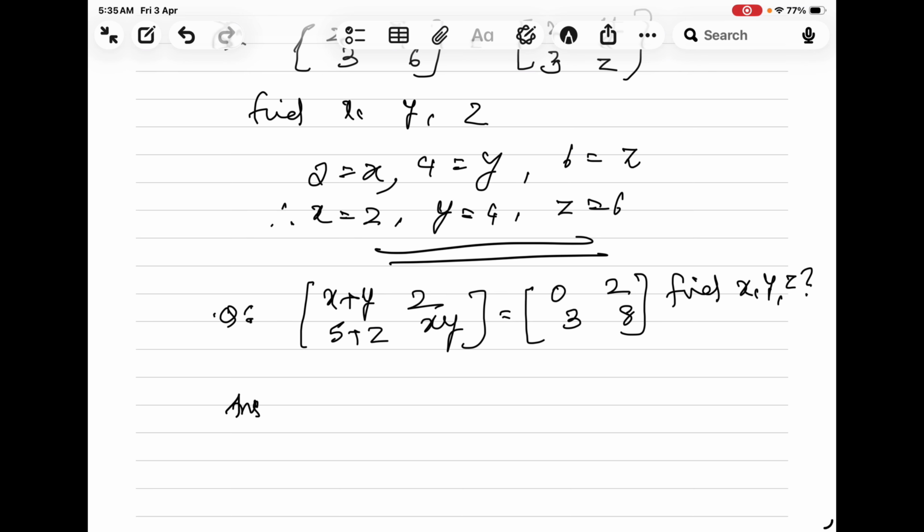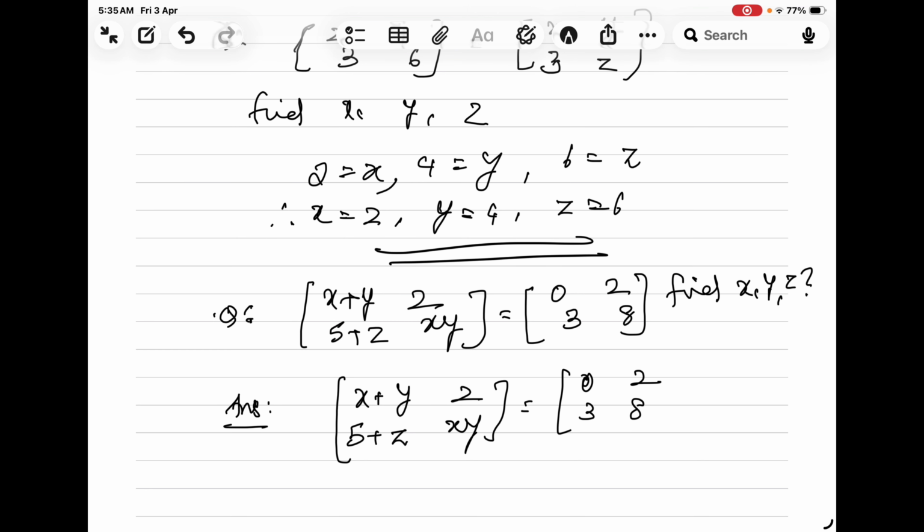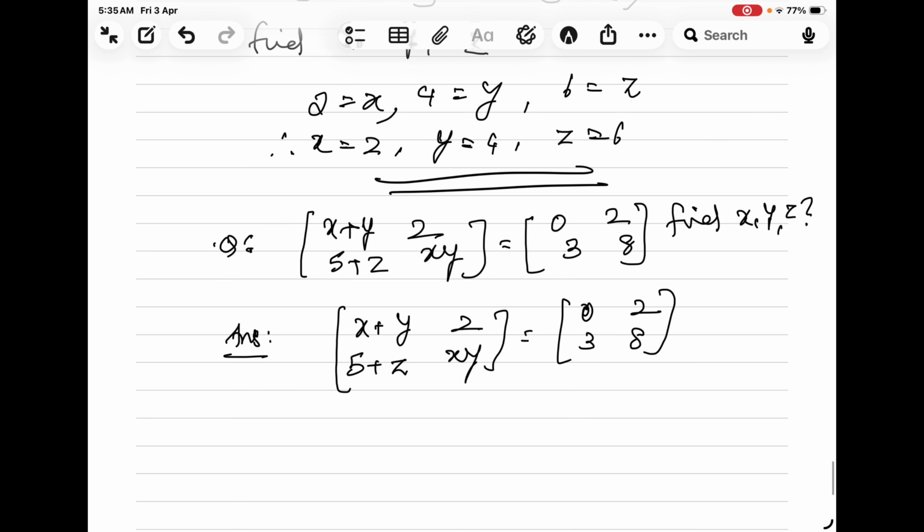Answer: given matrices are X plus Y, 2, 5 plus Z, XY equal to 0 2 3 8. So compare the elements. X plus Y equal to 0, 5 plus Z equal to 3.